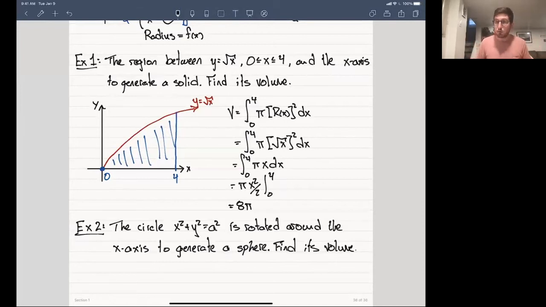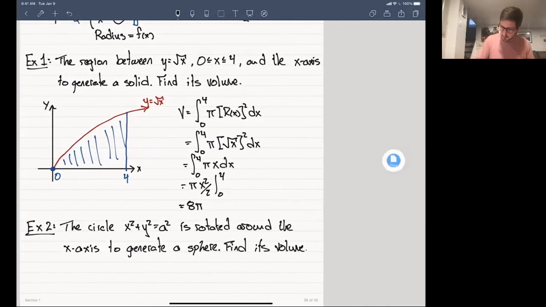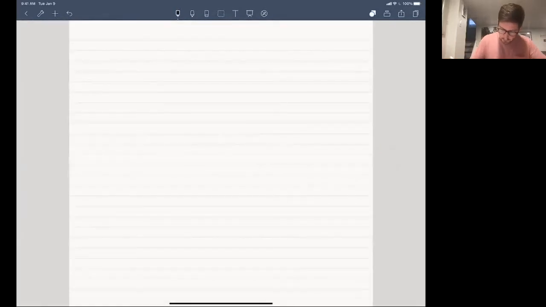In this case, the radius of this sphere and of this circle is going to be given by this value a. So the answer that we should be coming up with is 4 over 3 pi a cubed, because we know this from grade school, maybe. So let me start with a little sketch first.